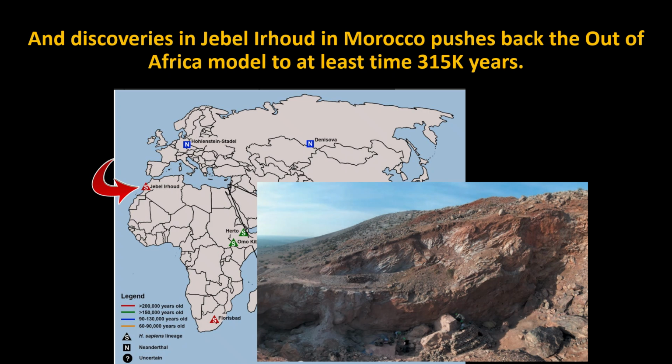This predates the Mount Carmel findings by over 100,000 years and drastically reshapes our understanding of human origins. The Jebel Irhoud discovery in Morocco is currently considered the oldest securely dated fossil evidence for Homo sapiens.